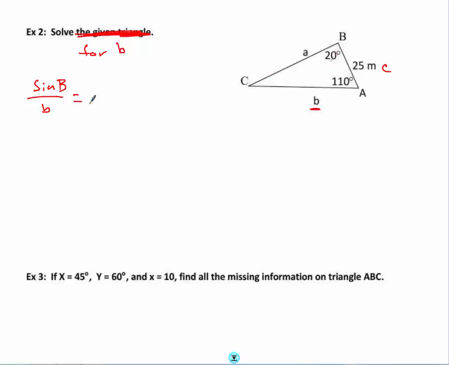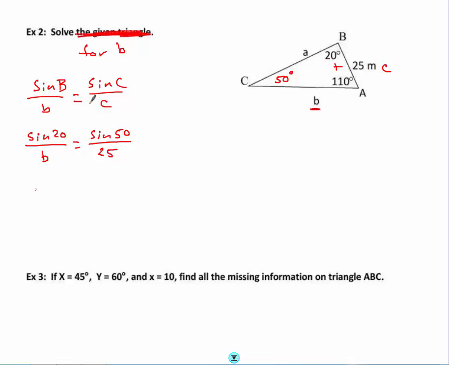But I really do, because this is 110 plus 20, that's 130. And the triangle has to add up to 180, so 180 minus 130 is 50. So I'm going to use sine C over c. So I've got sine 20 over b equals sine 50 over 25.